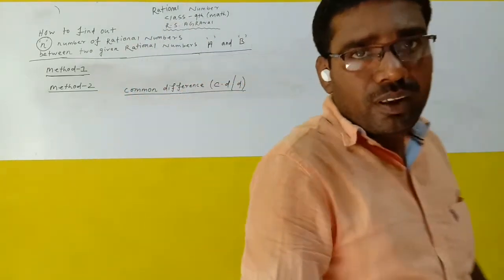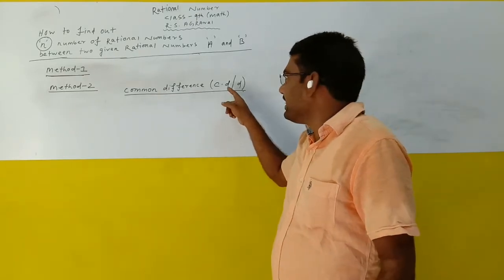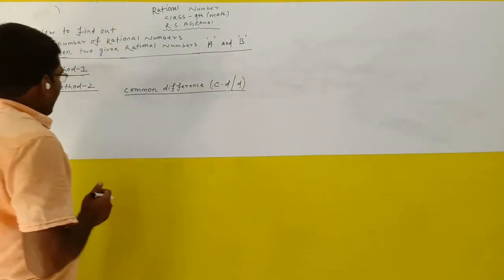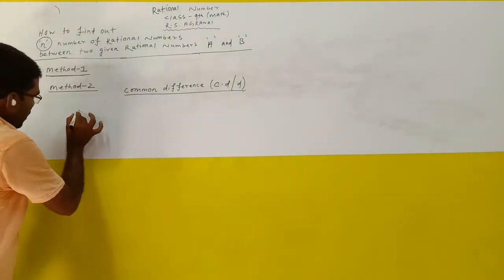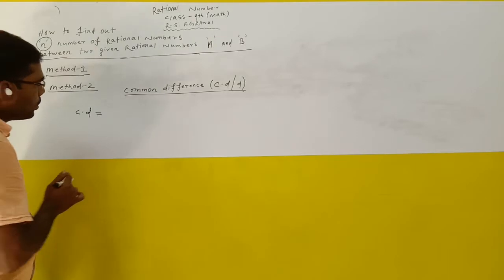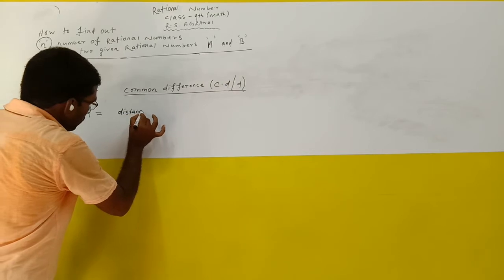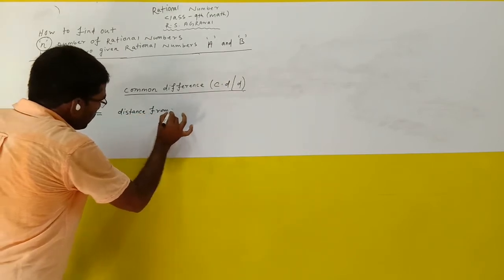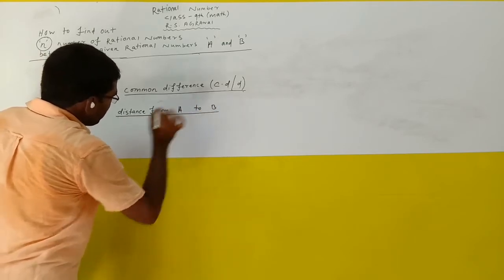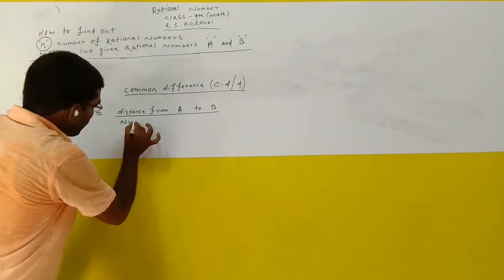So students, what is this common difference, or what is CD? Common difference or CD indicates the total distance from A to B divided by number of gaps.